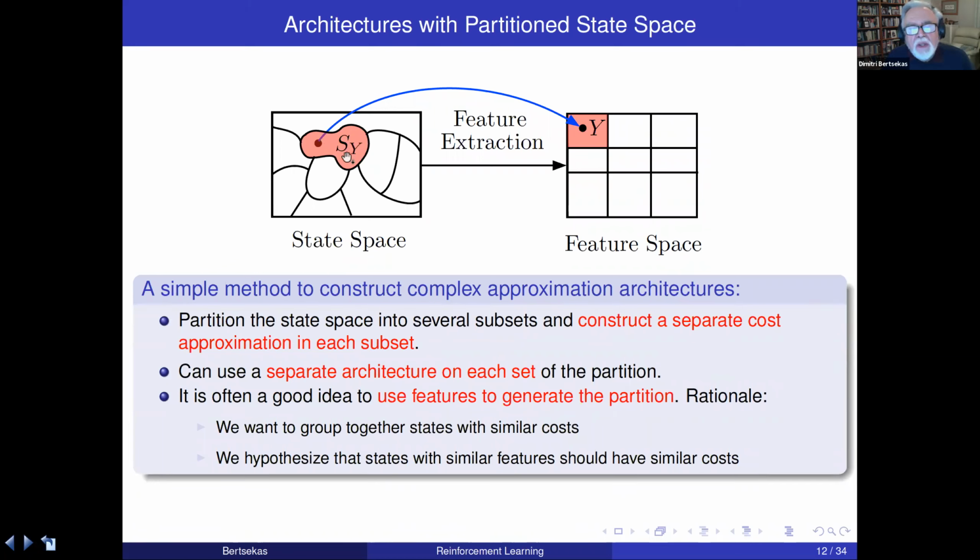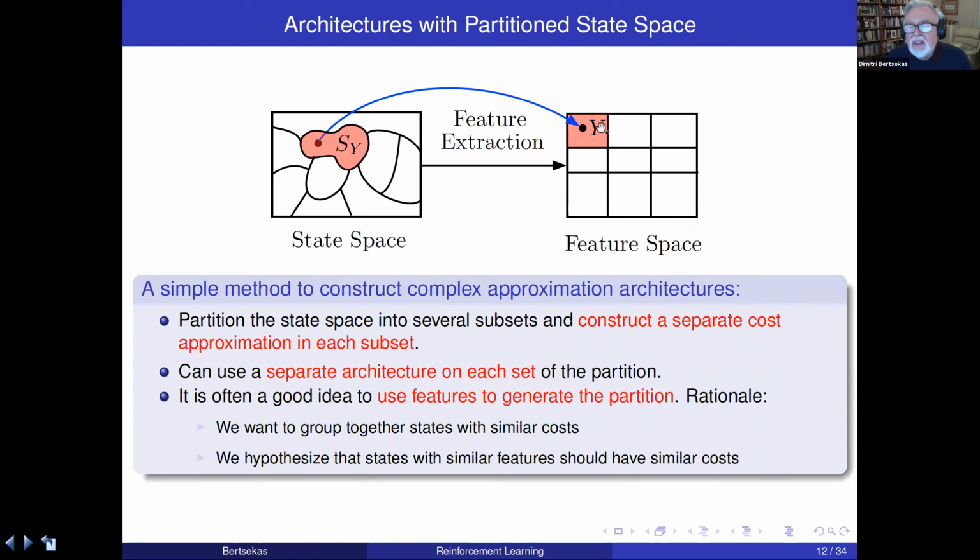And the reason is the following. Basically, we want to partition the state space into subsets within which the target function changes relatively little and has similar structure. So the rationale is the following. We want to group together states that have similar costs, similar structure of cost function. And we hypothesize that states with similar features should have similar costs.